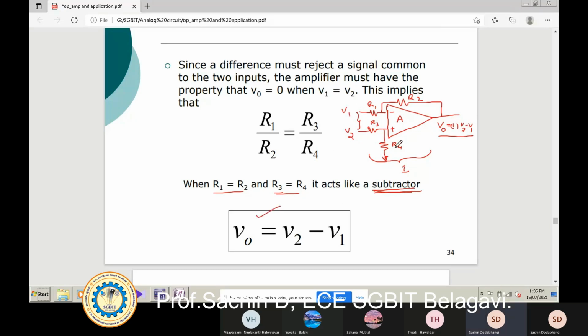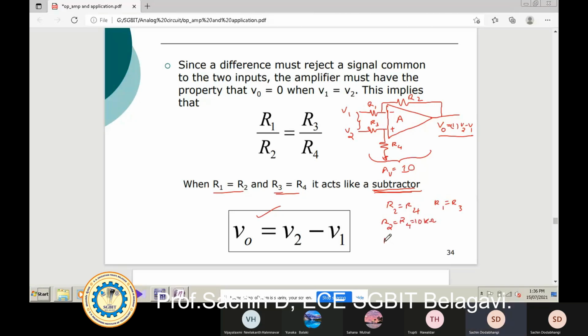If I want to apply some gain for this, suppose I need the gain of the amplifier to be 10, then what will I do? R2 should be equal to R4 and R1 should be equal to R3. I will take R2 equal to R4, that is equal to 10 kilo ohm.